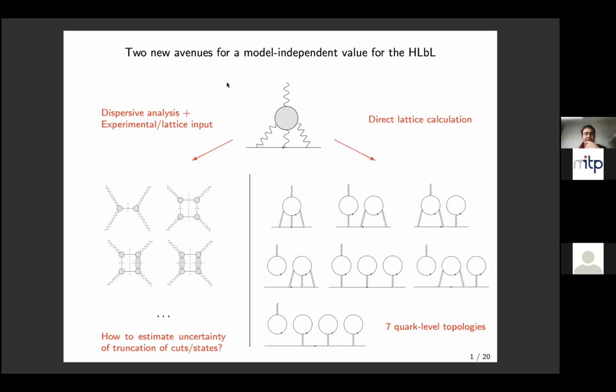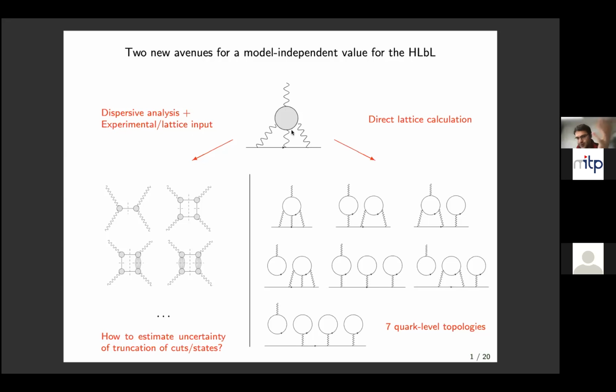So the one is that one would do the same thing, or something similar, to what one does for the hadronic vacuum polarization. For the hadronic vacuum polarization, there's a photon here and there's this photon, but this photon isn't there. So there's just a single momentum that goes through the hadronic blob. Since there's just a single momentum, the form factor decomposition is rather straightforward, and there is also not that much to constrain experimentally.